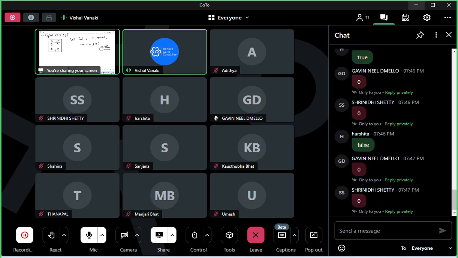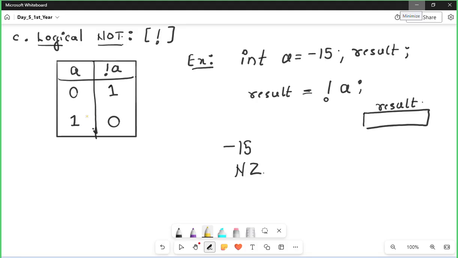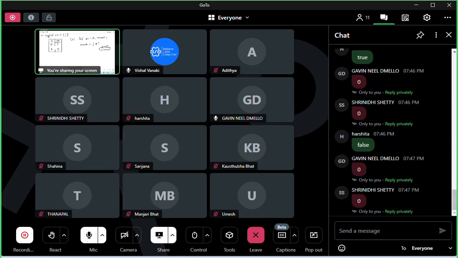Very good. Come on, everybody. Minus 15 is a non-zero number, right? Minus 15, is it 0 or non-zero? It is non-zero. If you apply NOT operator on a non-zero, what will be the output? It will be 0. The result will be 0. Everybody is clear now?